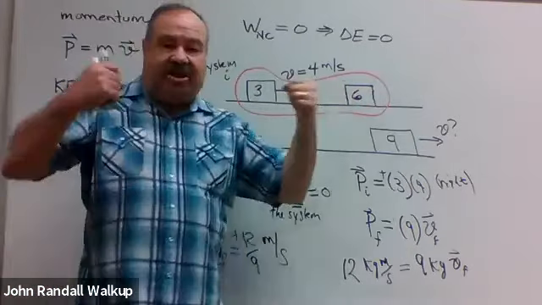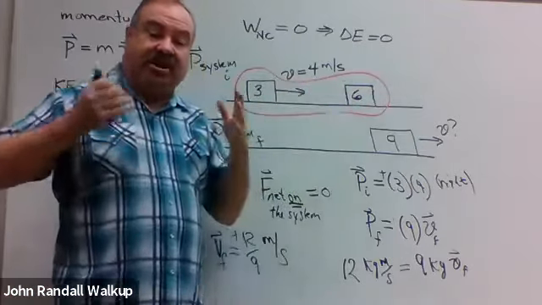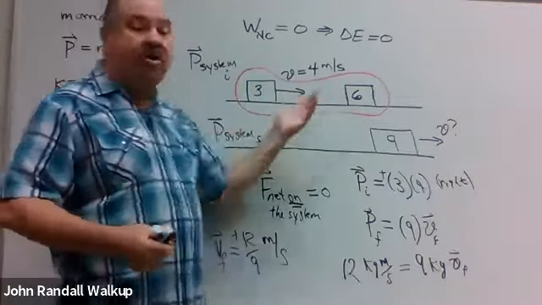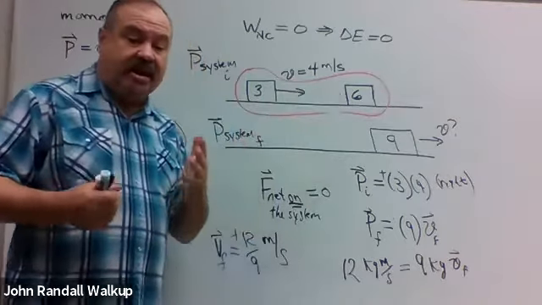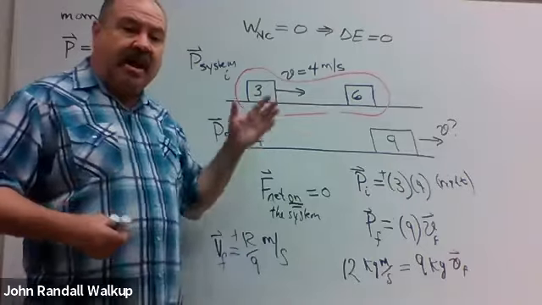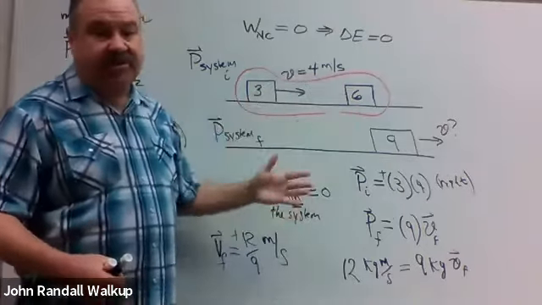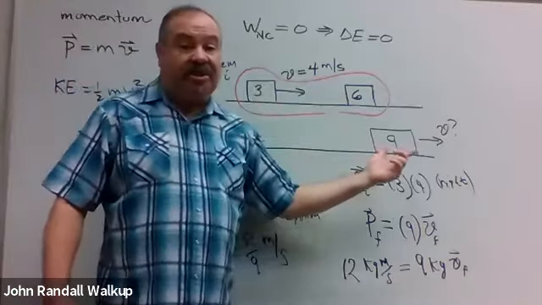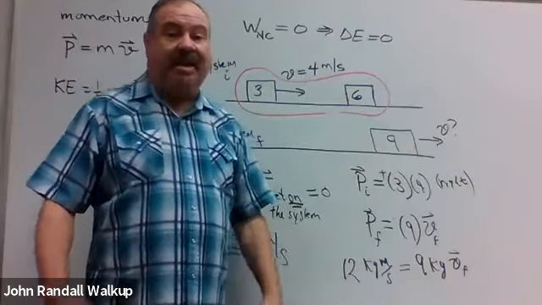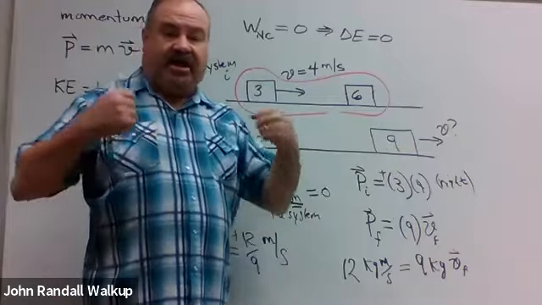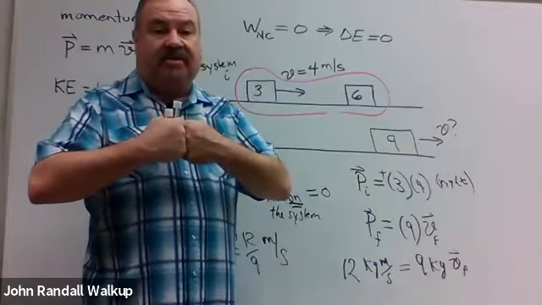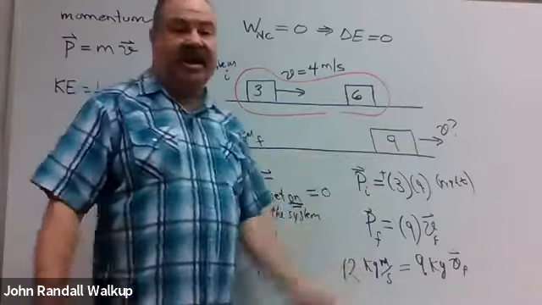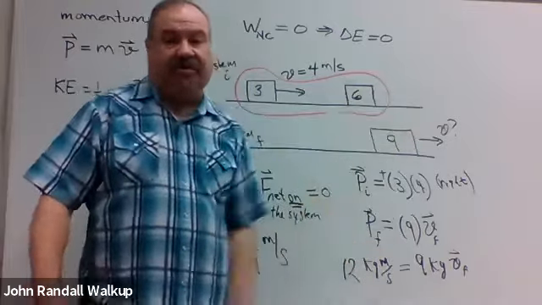If they are hitting each other with springs, which is a conservative force, then you could also make the statement that energy is also conserved. However, if it's a hard collision, and by the way, if the two objects stick together, it can't be a conservative force. It has to be non-conservative. In this case here, they stick together, energy is not conserved.